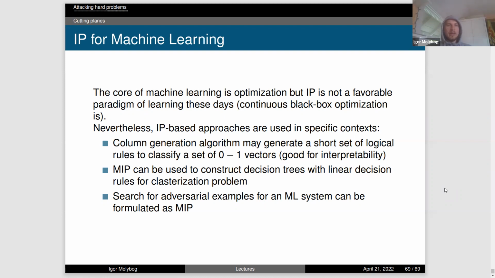Most commonly, it's a discrete optimization problem, and therefore it can be formulated as an integer programming problem, as a mixed integer programming problem, and there are attempts to solve neural architecture search with Cplex or Gurobi, but it's still kind of experimental, and if you're interested, there are articles on this topic as well.